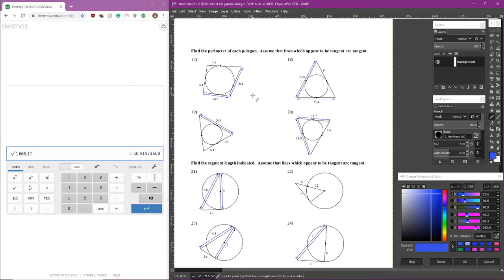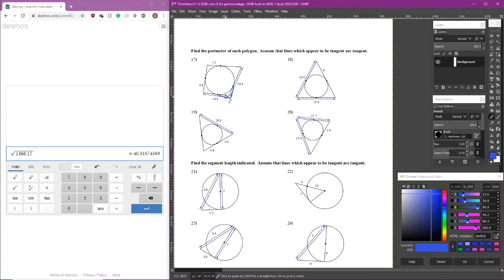Find the perimeter of each polygon. Now these are kind of long. I'll walk you through one and then I'll assign one, but that's all in this section. One of the things that we do know is that when we have 2 tangents that come out and touch the circle, these 2 tangents will be the same.